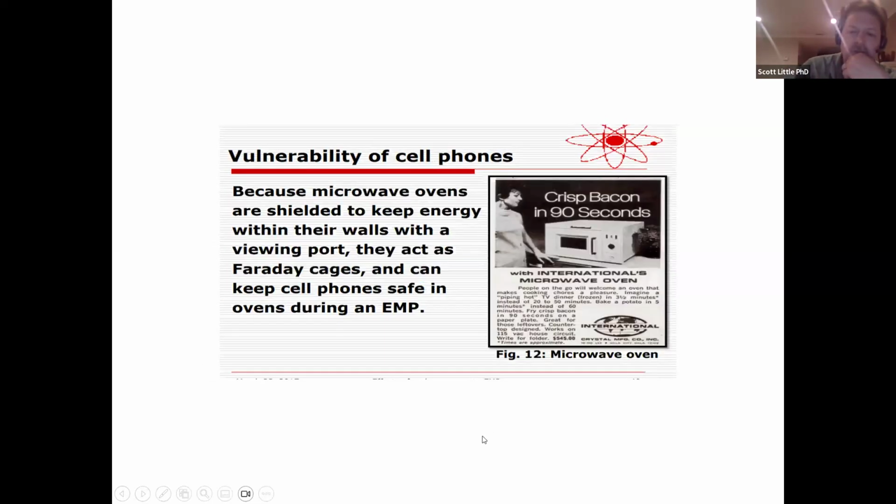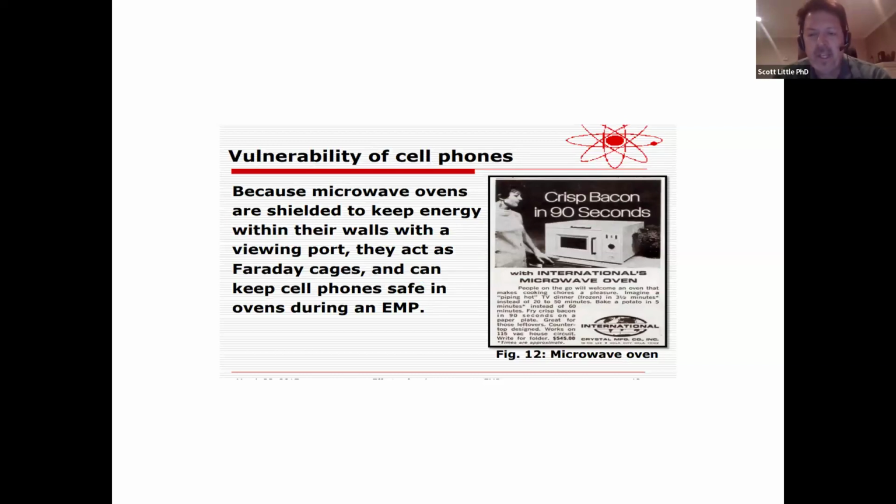And I thought this was kind of interesting. It was kind of amusing that they're showing that microwave ovens are shielded because of the radiation involved with using microwaves for cooking. They act as kind of their own Faraday cage, and if you wanted to keep your devices safe, like a cell phone, you could put them in the microwave oven during an EMP.